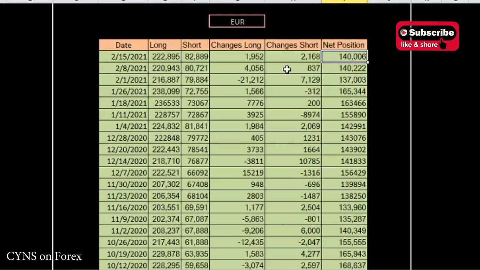In the last report, 1.9k longs were added and 2.1k shorts were added. Currently we have 222.8k longs and 82.8k shorts. Because of that, the overall market is neutral at this time, according to our COT analysis.